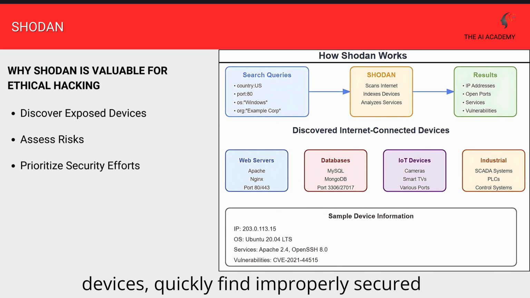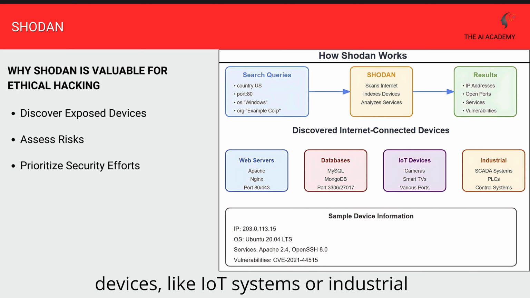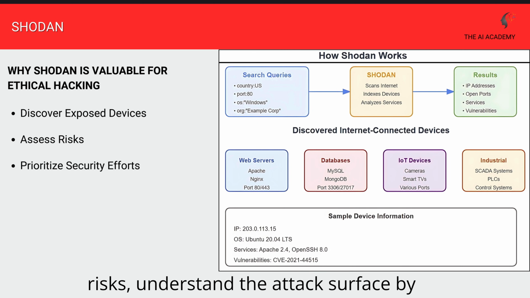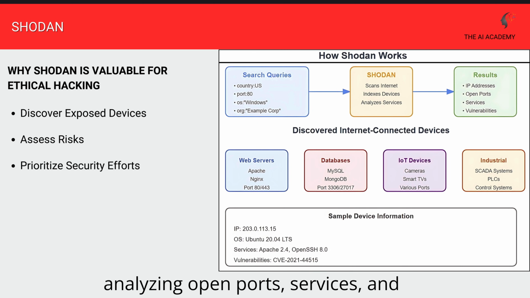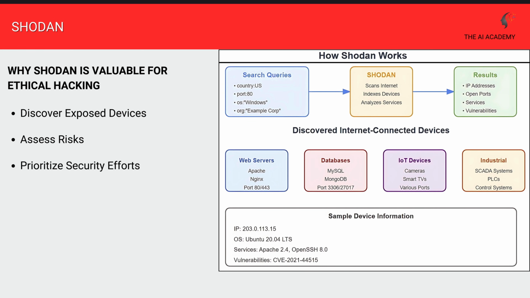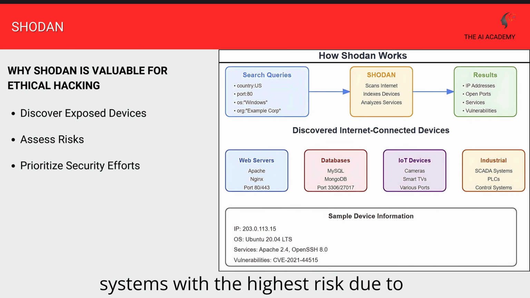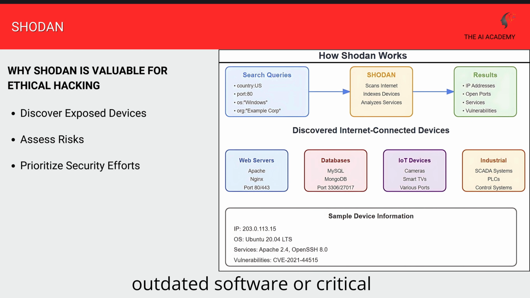Discover exposed devices: quickly find improperly secured devices, like IoT systems or industrial control systems. Assess risks: understand the attack surface by analyzing open ports, services, and associated vulnerabilities. Prioritize security efforts: focus on systems with the highest risk due to outdated software or critical vulnerabilities.